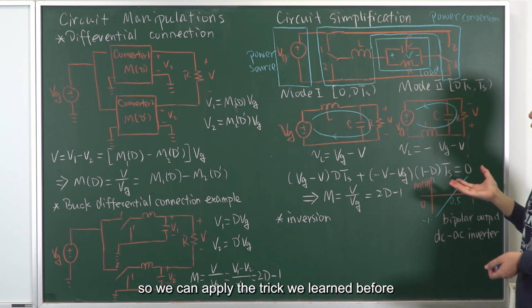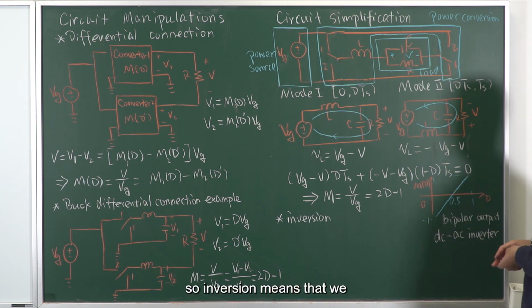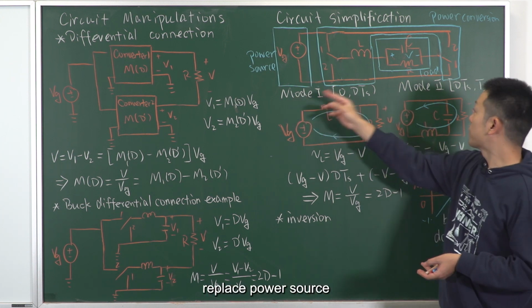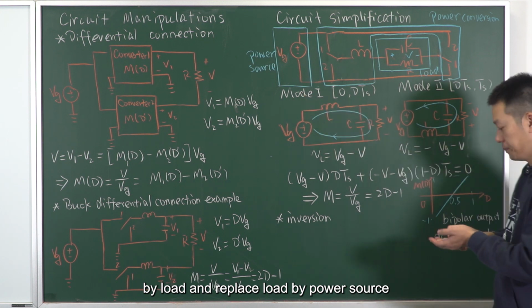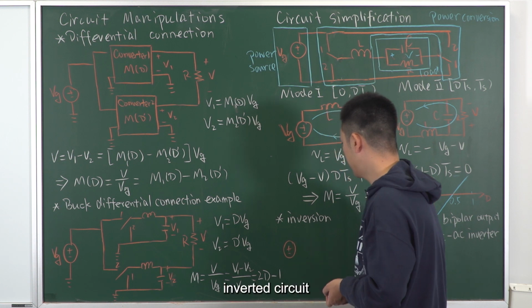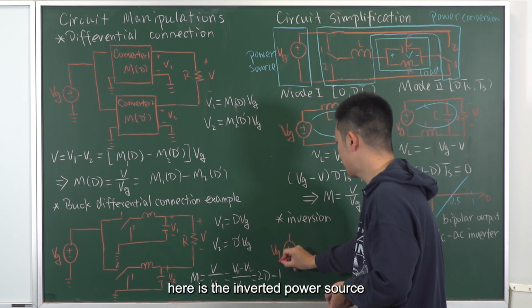So we can apply the trick we learned before to do the inversion. Inversion means that we replace the power source by the load and replace the load by the power source. We will obtain such an inverted circuit. Here is the inverted power source.